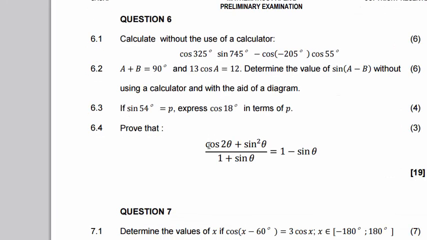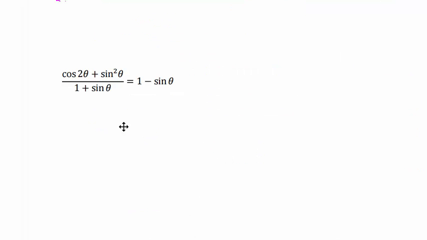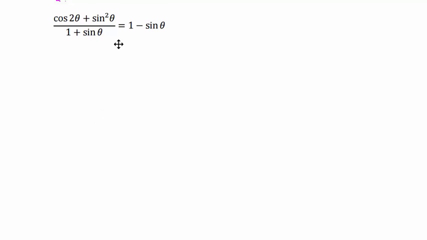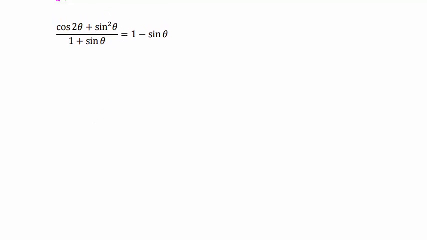Let's look at another question on here. They ask us to prove, we've done almost all of it, but now they ask us to prove that this left-hand side is equal to the right-hand side. So what do you guys think we're going to do? PAS, CAS, and DAS. Always.